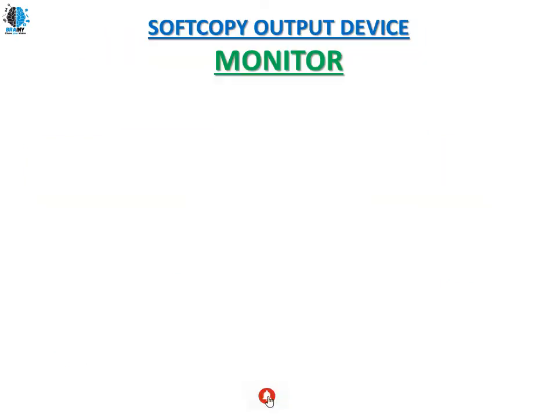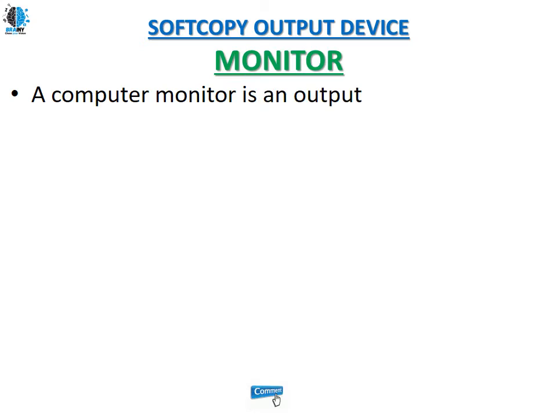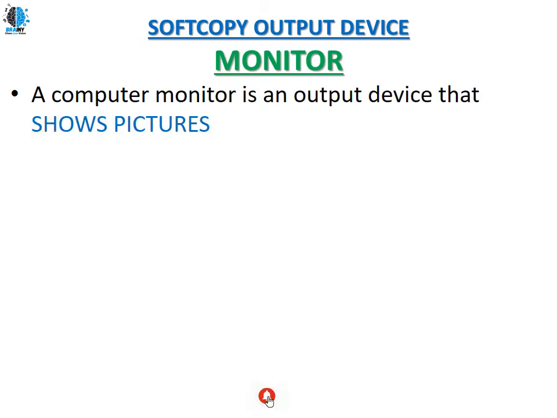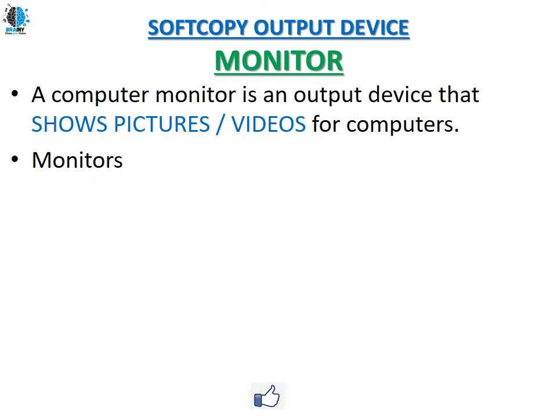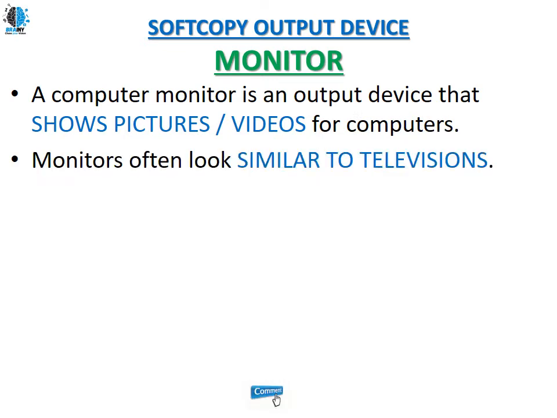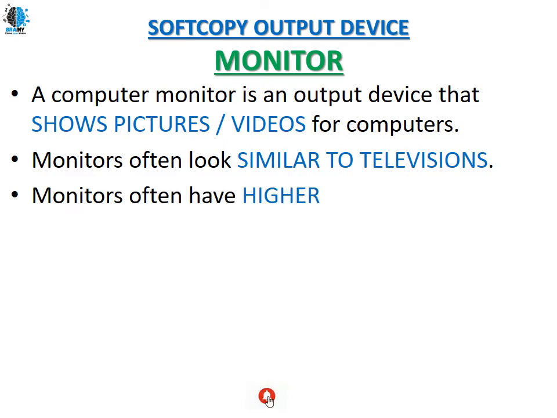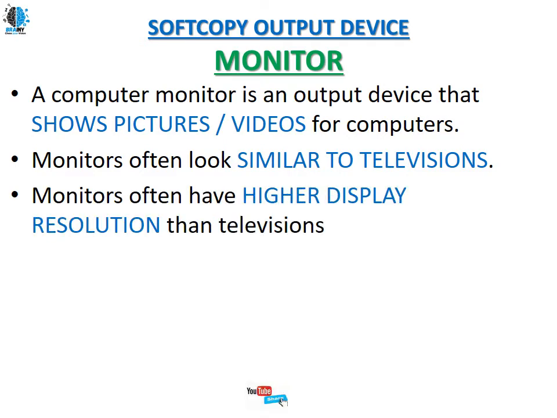The very first soft copy output device is a monitor. A commonly used output device of a computer system is a monitor. A computer monitor is an output device that shows pictures and videos from computers. Monitors often look similar to televisions, but often have higher display resolution than television.